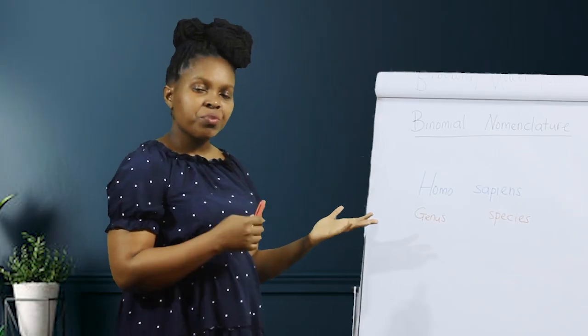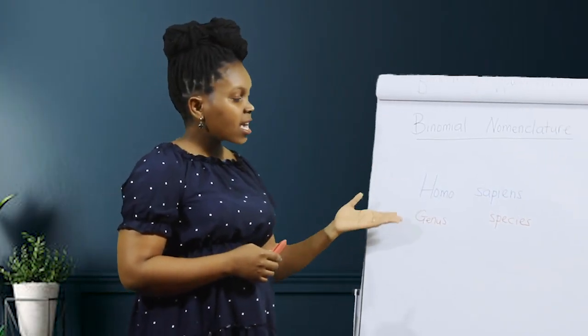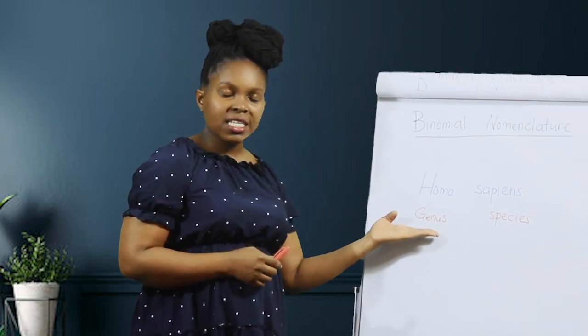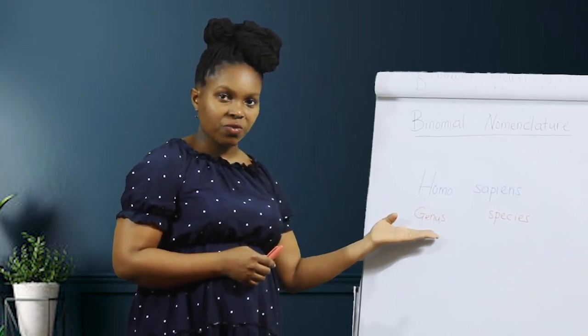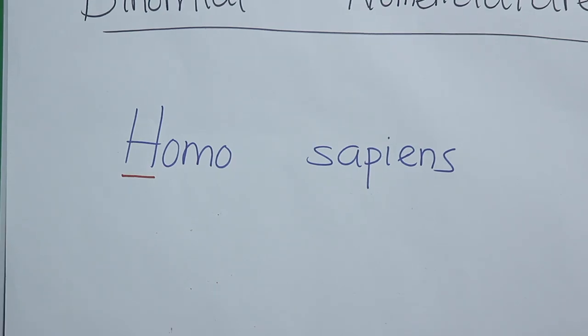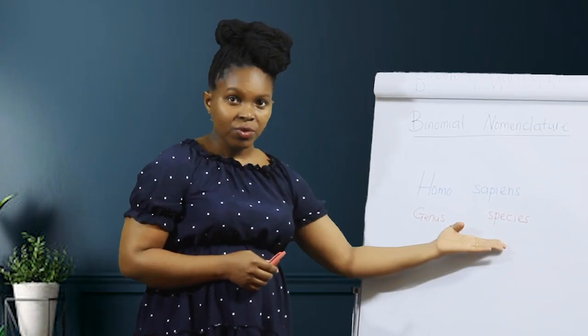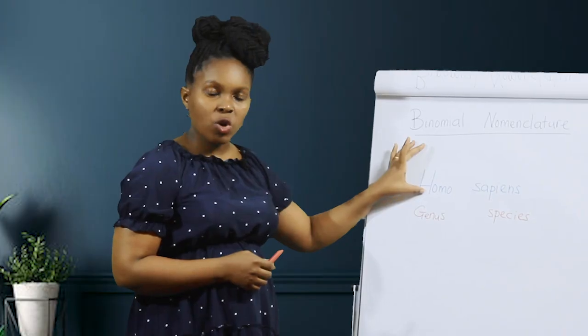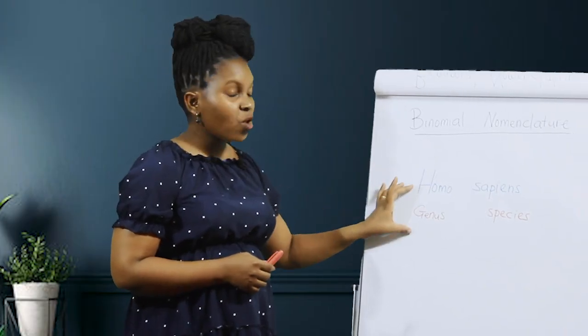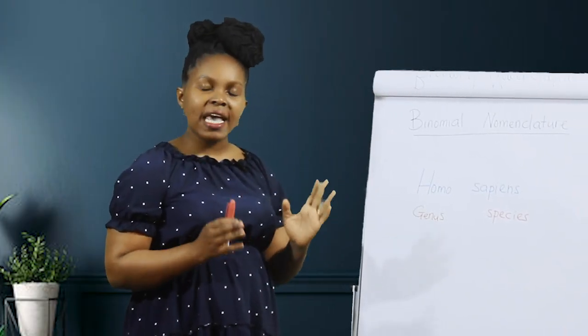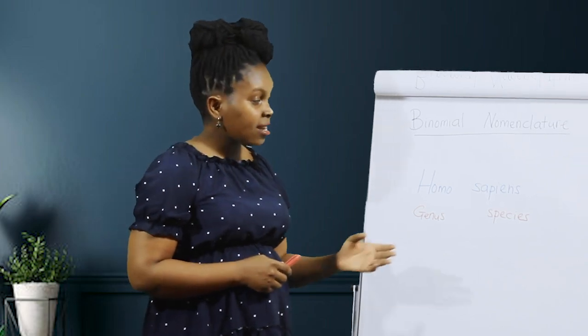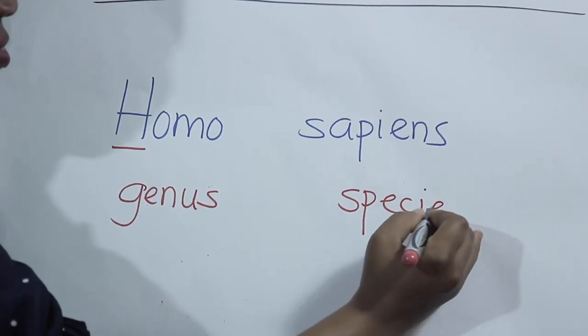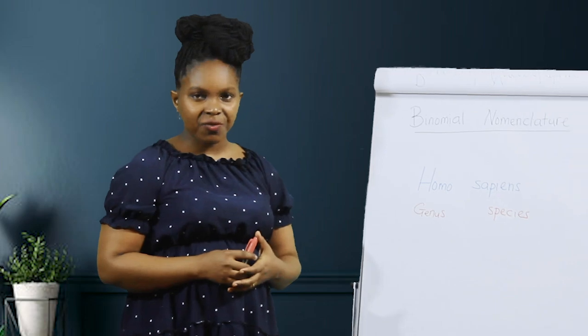If we remember from the previous slide, Homo is the genus level in the taxonomic rank of classification for human beings, and sapiens is the species level. So whenever you have the name of the genus level of an organism, that forms the first part of your scientific name. And then the species level forms the second part of the scientific name.